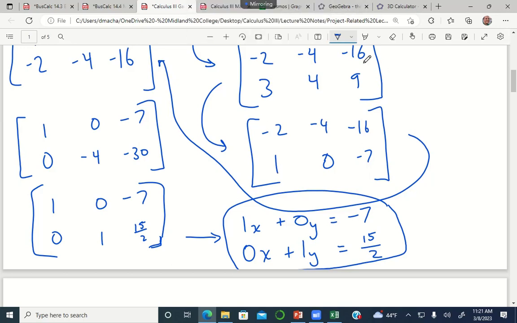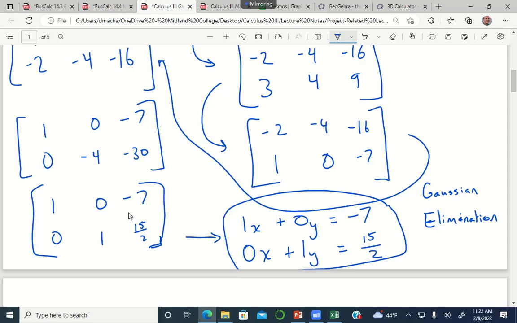But the goal of taking an augmented matrix and then doing what we call Gaussian elimination, named after Carl Gauss, the goal here is that we want to have ones on what we call the diagonal of the matrix.